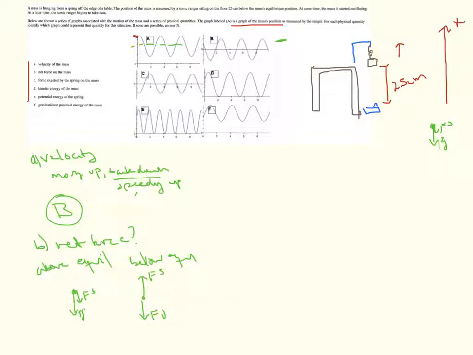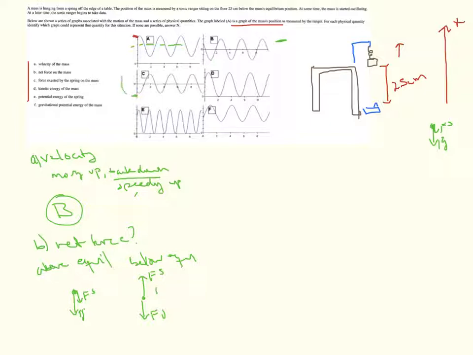So if originally I'm still moving up, but I'm above the equilibrium, then my spring force should be negative. And then it should stay negative and increasing until I turn around, and then it should be negative decreasing until the point of crossing equilibrium. And when I cross equilibrium, it should switch directions to positive.